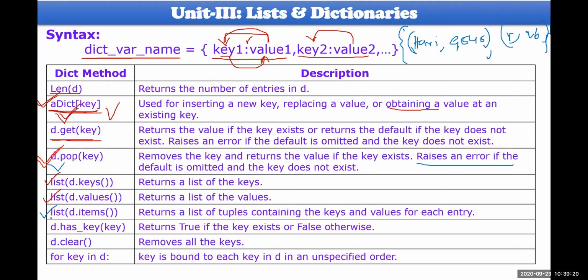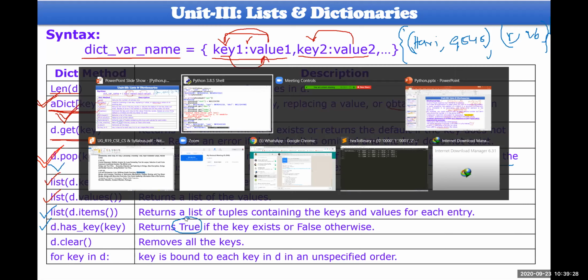And has key: whether a key exists, it returns true, otherwise it returns false. So let me check it out. My dictionary name, dictionary dot has_key of key.